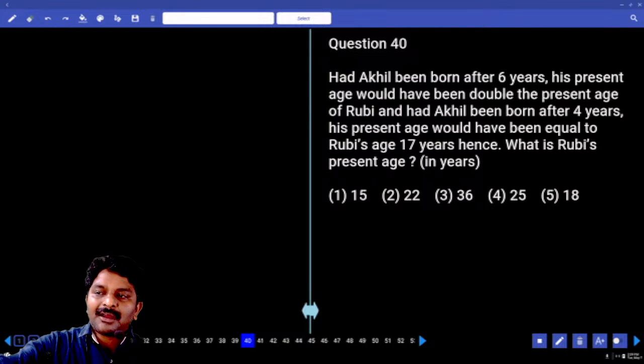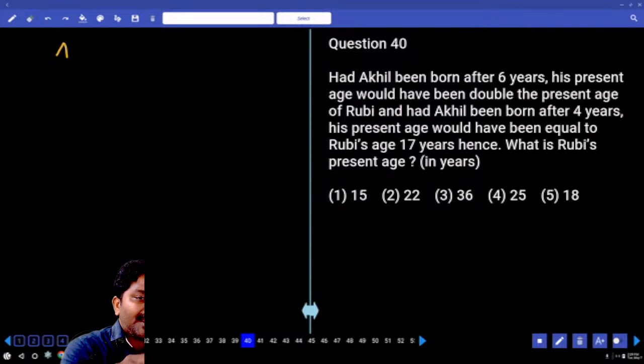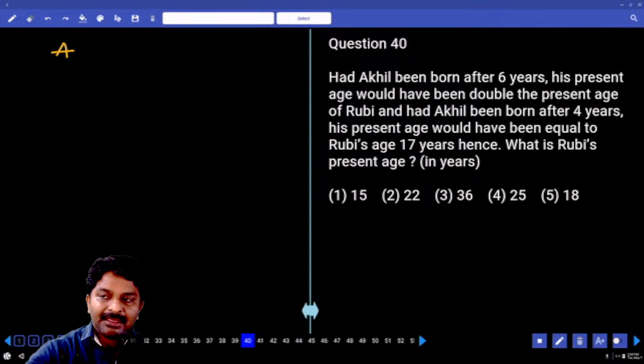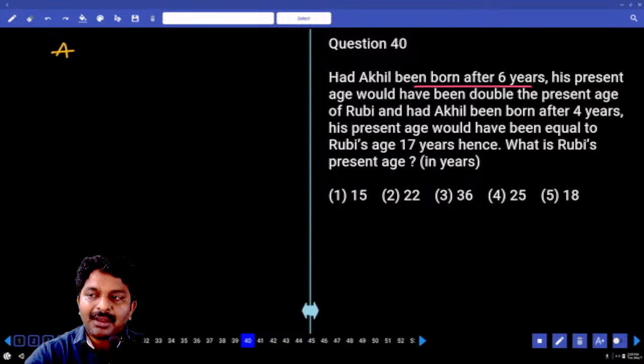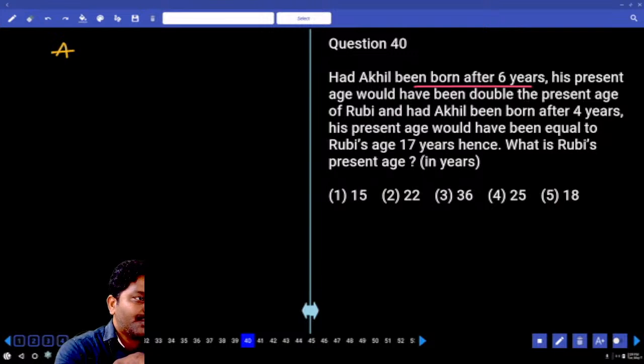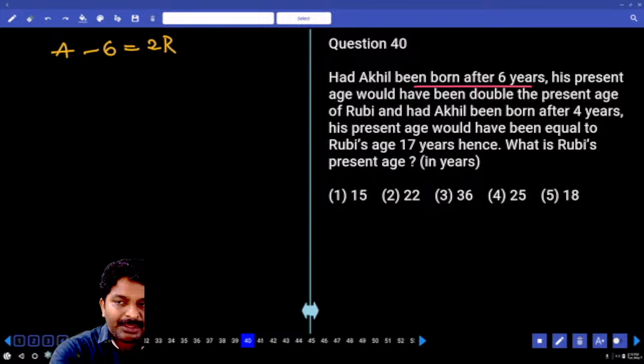Had Akhil been born after 6 years, his present age would have been double the present age of Ruby. If Akhil's present age is A, if he had been born after 6 years, his age will increase or decrease? Decrease by 6, which is equal to double the present age of Ruby.